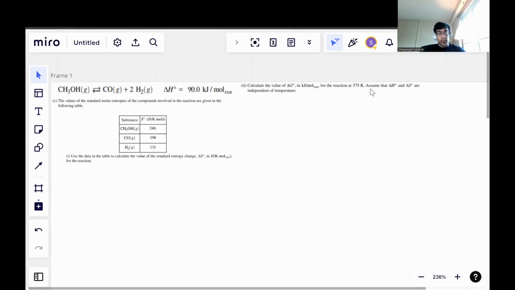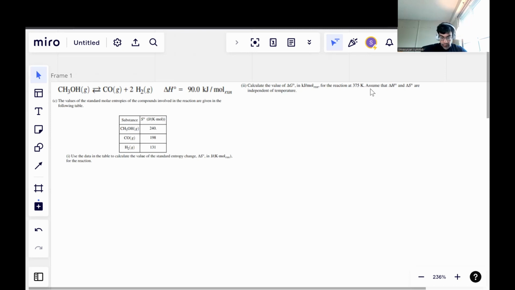And if we look at question C, the values of the standard molar entropies of the compounds involved in the reaction are given in the following table, with methanol having 240 joules per Kelvin mole entropy, carbon monoxide having 198, and H2 having 131. Use the data in the table to calculate the value of the standard entropy change, delta S, in joules per Kelvin mole reaction for this reaction.